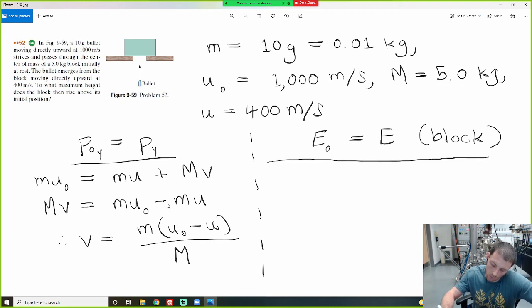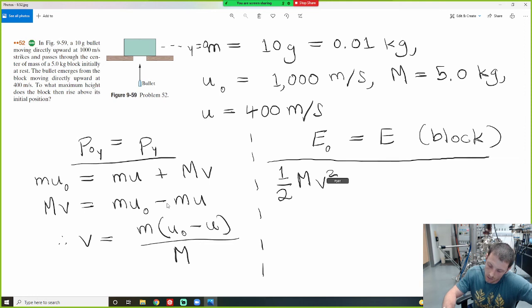So now, if we define our y equals 0 to be right at the center of mass of the block, which is the most sensible choice, then the only initial energy that the block has is 1/2 big M v squared.